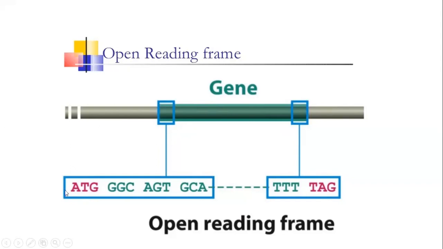It usually starts from an ATG sequence. If you zoom in here, these are introns, these are exons, then it starts from ATG and goes on until it finds a stop codon and stops the translation process. A continuous stretch of DNA starting with one codon to the last stop codon is called an open reading frame. And we also know that the codons are triplets, three nucleotides at a time.